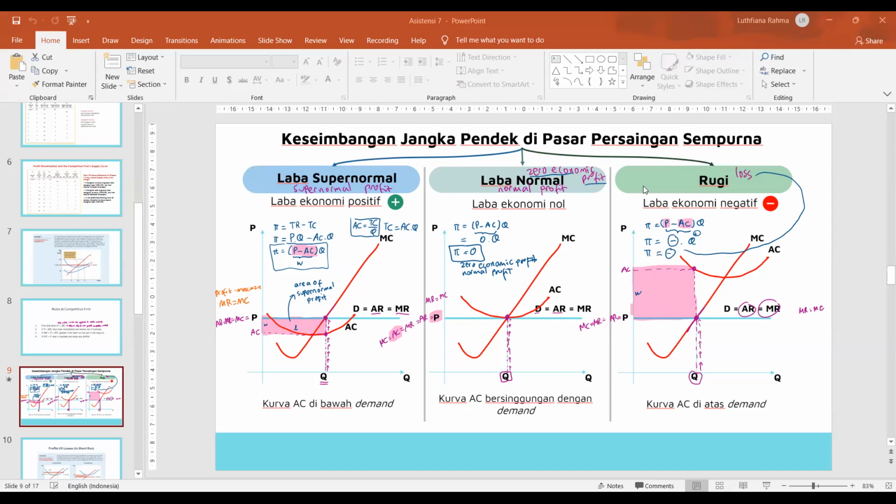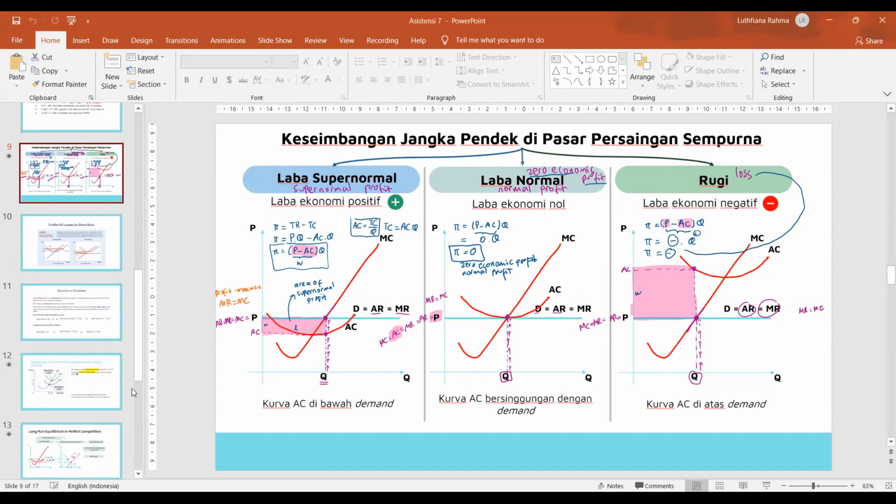You should understand instead of remembering, because these three conditions have a lot of details and it would be a lot harder if you try to remember them. So try to always understand. Okay, so that is the profit and loss in the short run.